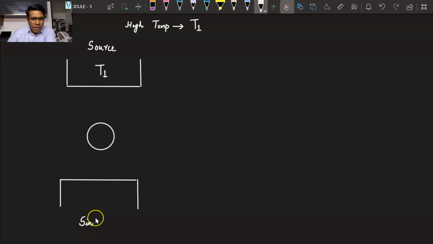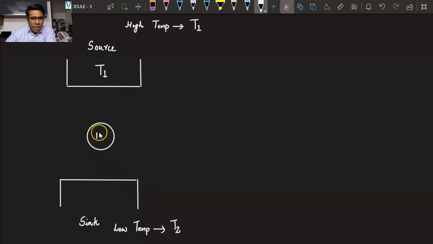In the case of a heat engine, the sink is normally the atmosphere, where the engine rejects the heat, and the sink is normally at a low temperature, which we denote by T2. So always for high temperature we use T1, and for low temperature we use the notation T2.